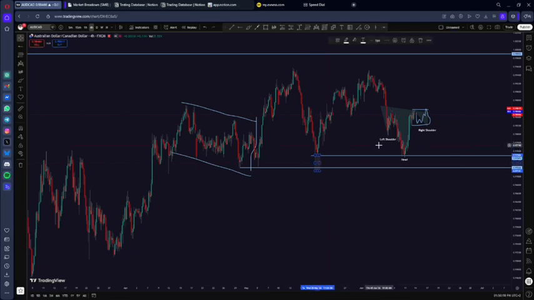So far there isn't much to do here also, but we're just gonna go ahead and zoom in onto the 1 hour time frame then.